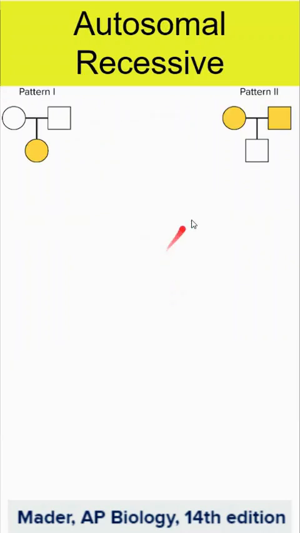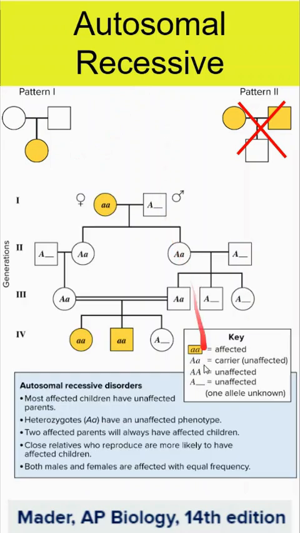We have these two main patterns, and this other one is not for an autosomal recessive pedigree, because if both of these had it and it was recessive, their child would have to have it. So this pattern will never show up in autosomal recessive pedigrees. But if you see the first pattern, you will automatically know that it's autosomal recessive.